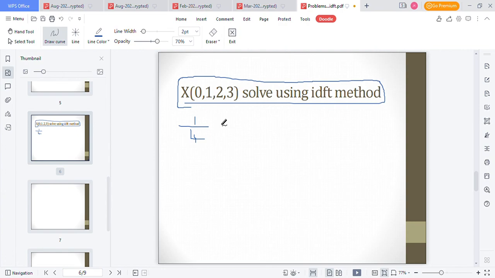So that is 1 by 4. So this is your 4-point DFT. I'll write the formula first, because it becomes difficult for you, right?